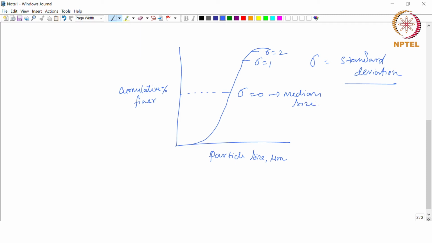All right. So, that is how the cumulative data can be represented for particle size distribution.